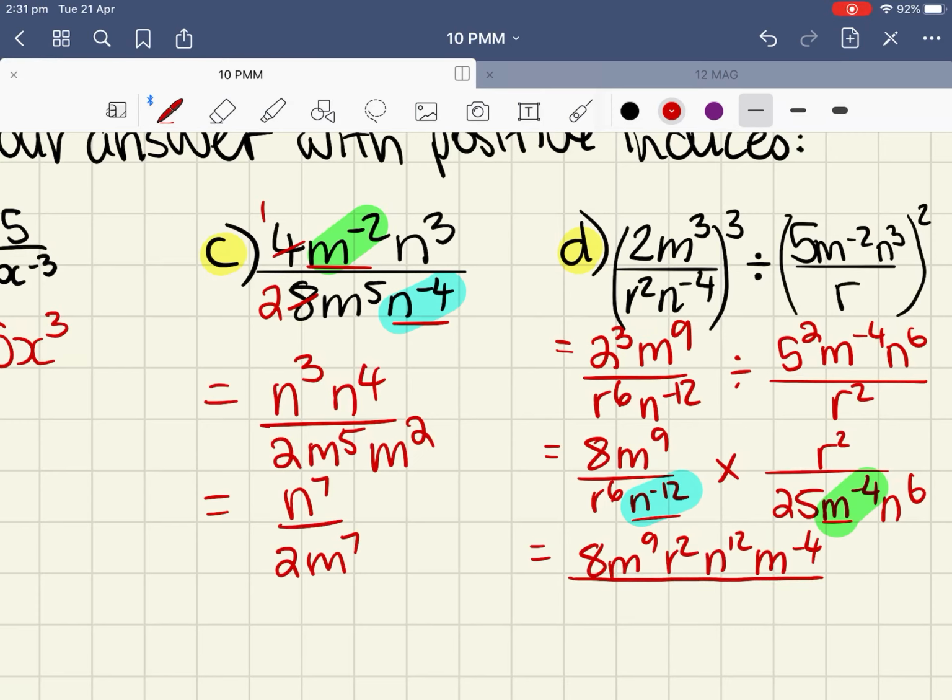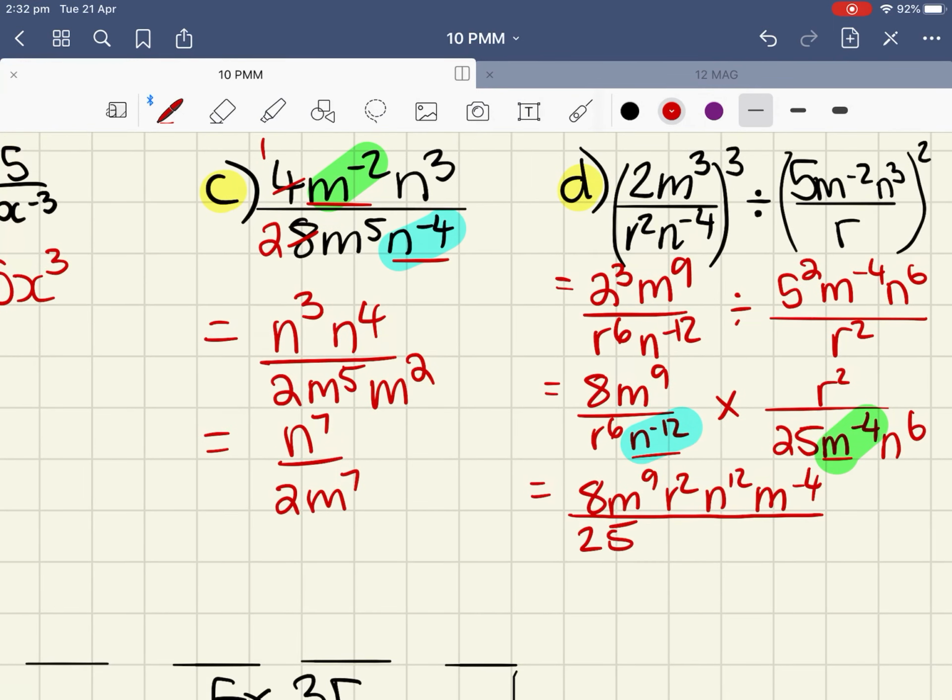All divided by, I'm going to put that 25 out the front for good measure, 25 r6 and n6. Okay. Now we're at a position again where it's up to you how you want to simplify. Sorry about that. I accidentally wrote that wrong, that should be positive. He's happy now. There we go.